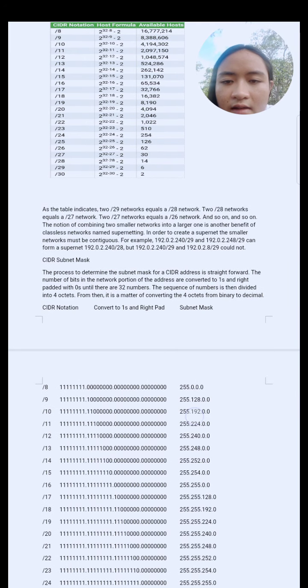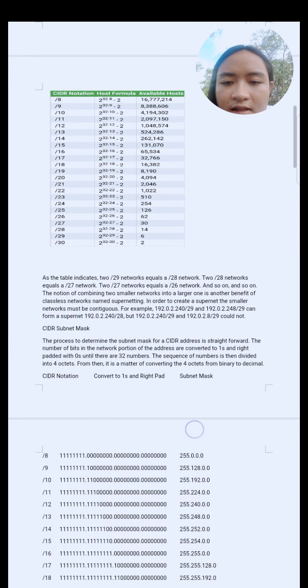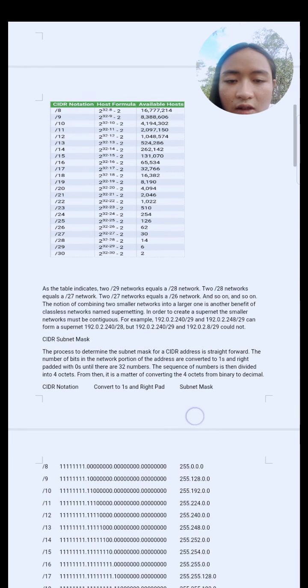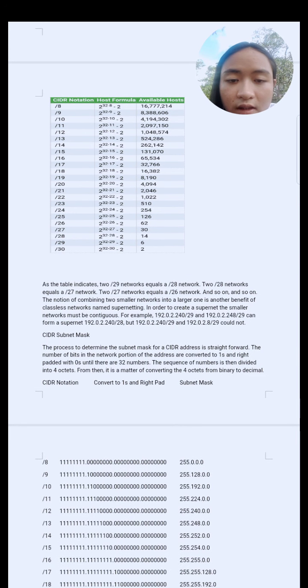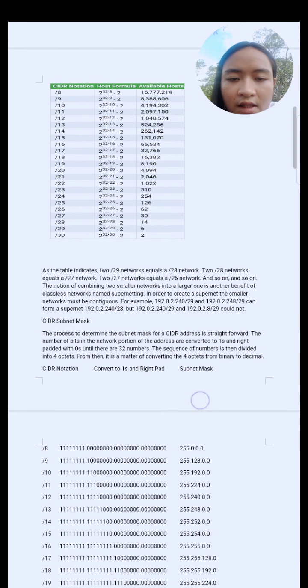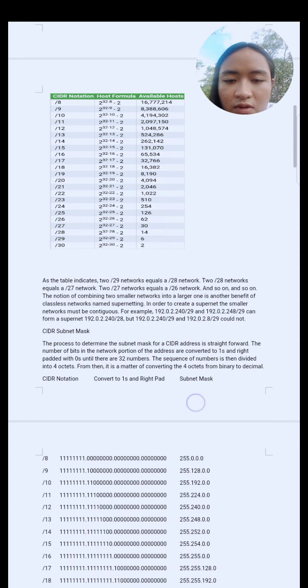And let's proceed. As the table indicates, 2 /29 networks equal a /28 network, 2 /28 networks equal a /27 network, 2 /27 networks equal a /26 network, and so on. So the notion of combining two smaller networks into a larger one is another benefit of classless networking, named supernetting.